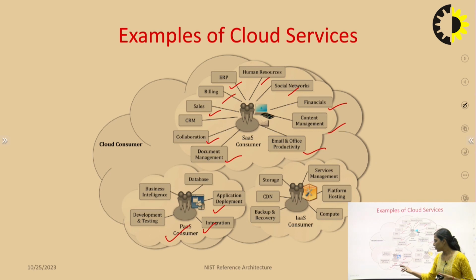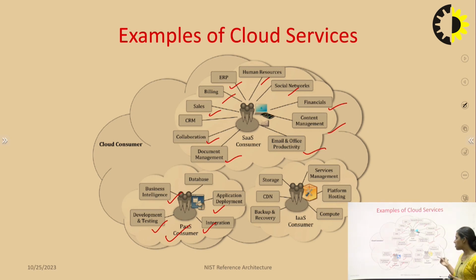Then we have business intelligence, development and testing. This works as a platform as a service, meaning we don't need the platform to be installed. We can use these services directly online.